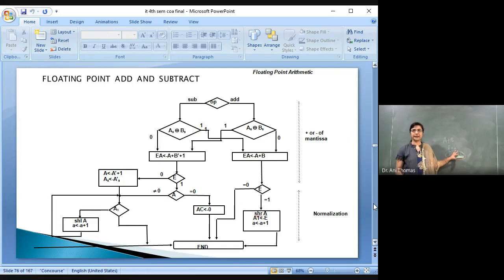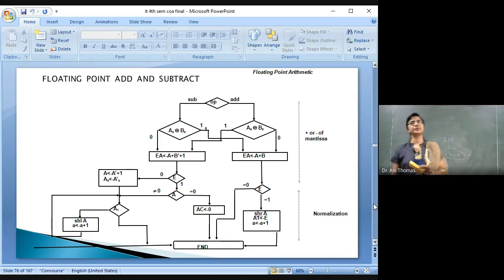E is equal to 1 is the overflow of the addition and has to be recorded. It cannot be left out. So we do the normalization, saying shift right A and A1 is given the value of E. So this is the process which we do in the case of addition.